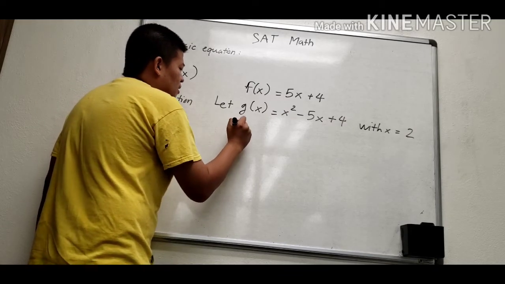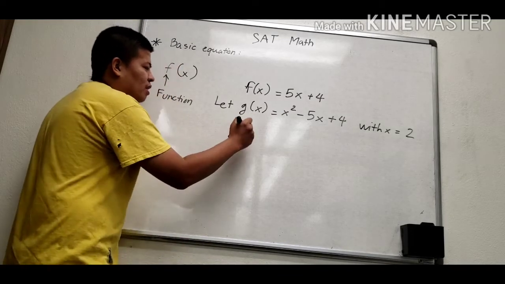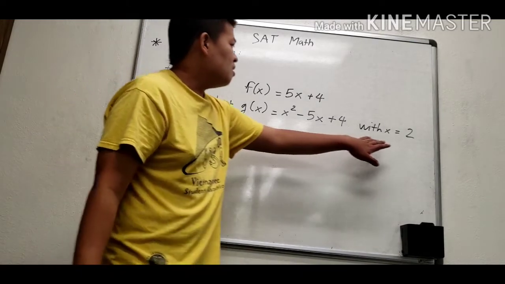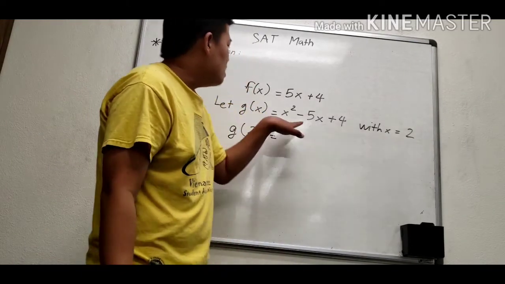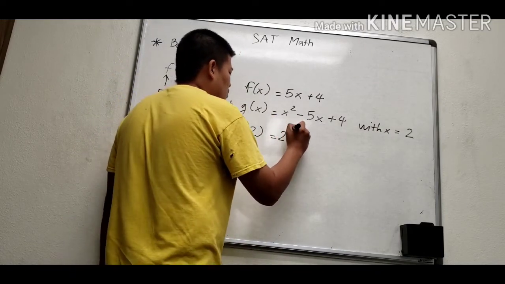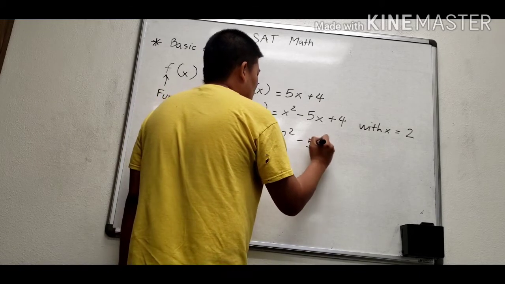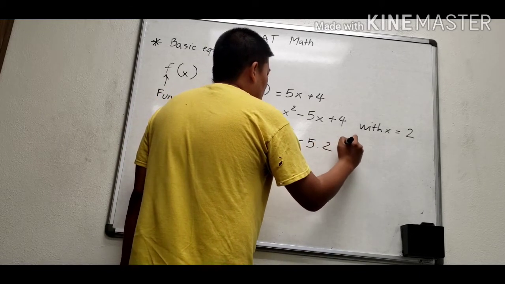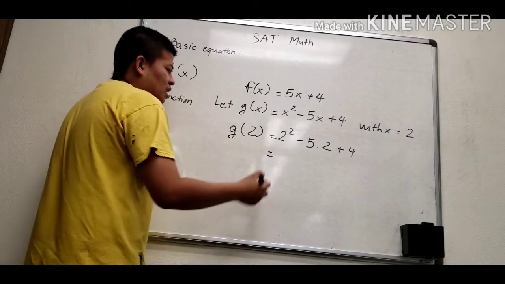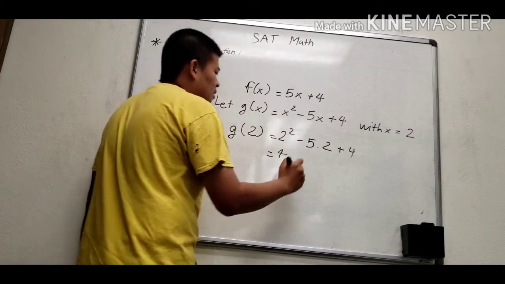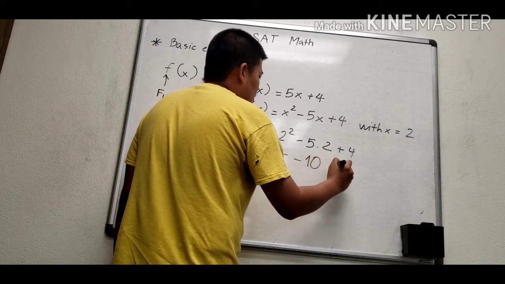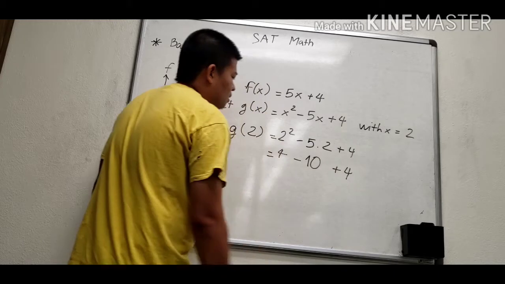In here you have f(2), you put number 2, and it means they ask you to put number 2 in this function, and you have 2 to the power of 2 minus 5 times 2 plus 4. 2 squared is 4. 5 multiplied by 2 is 10.